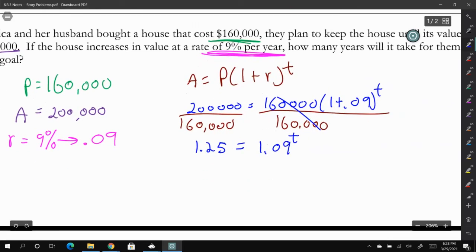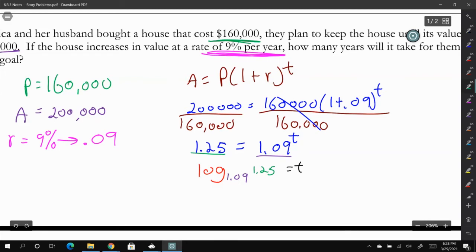Now this looks like the equations we solved the other day. Yes, there's decimals involved, but we're going to go about this and use the same strategies. We're going to convert this to a log. Log base 1.09 of 1.25 is going to equal t.